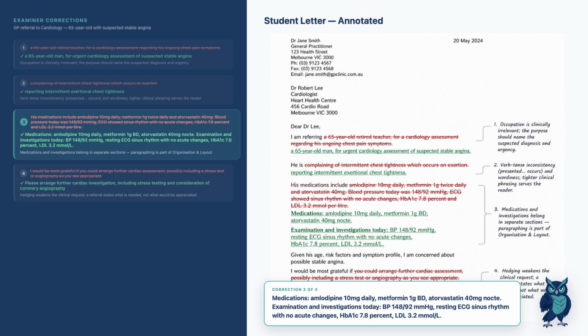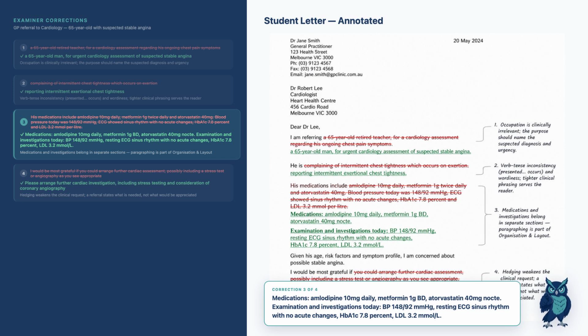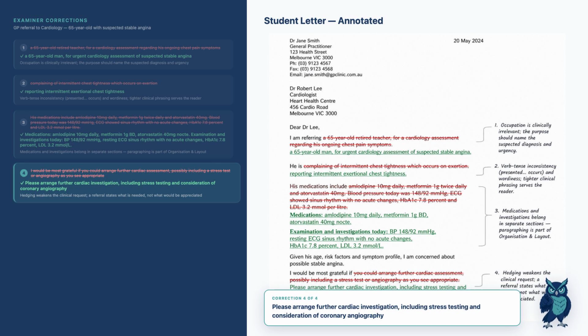Third, look at this phrase: medications include amlodipine 10 mg daily, metformin 1 gram twice daily, and atorvastatin 40 mg. Blood pressure today was 148/92 mm Hg. ECG showed sinus rhythm with no acute changes, HbA1c 7.8%, and LDL 3.2 millimole per liter.